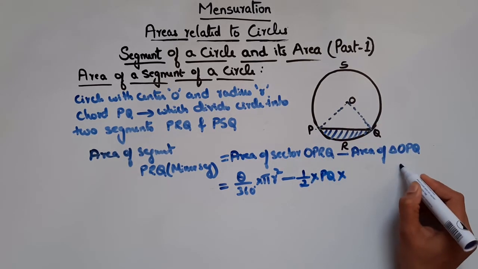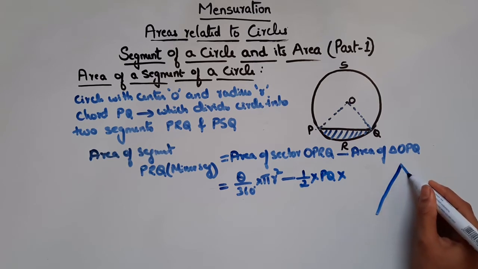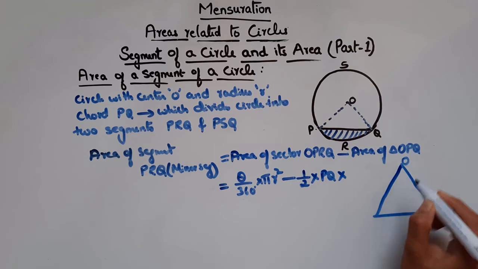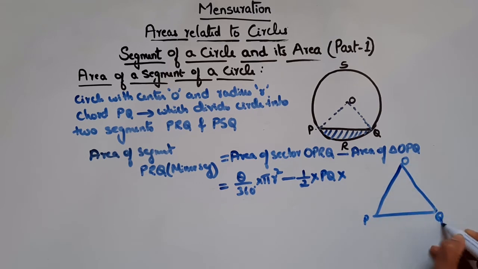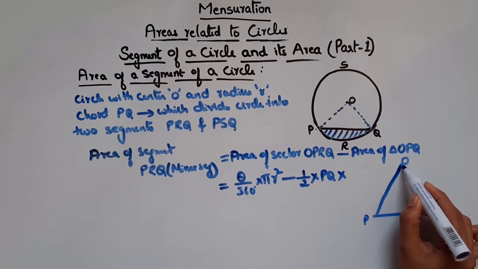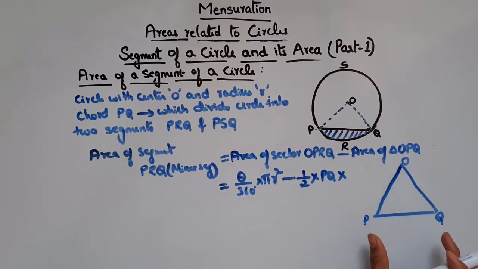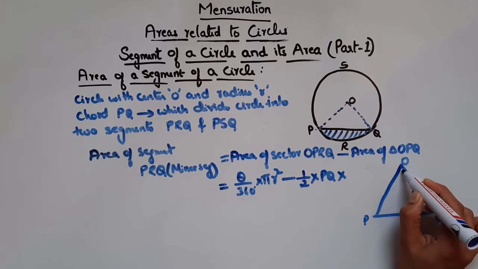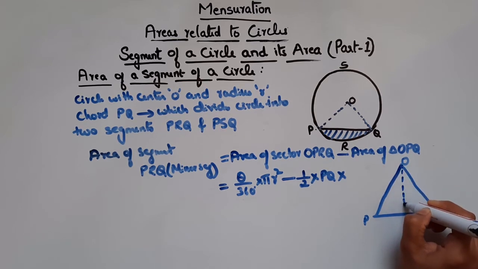For that, first let's draw this triangle here. So OPQ. In order to find the height of the triangle, we have to draw a perpendicular line from point O to the chord. Here PQ is a chord. So let's draw a perpendicular line from point O to chord PQ.